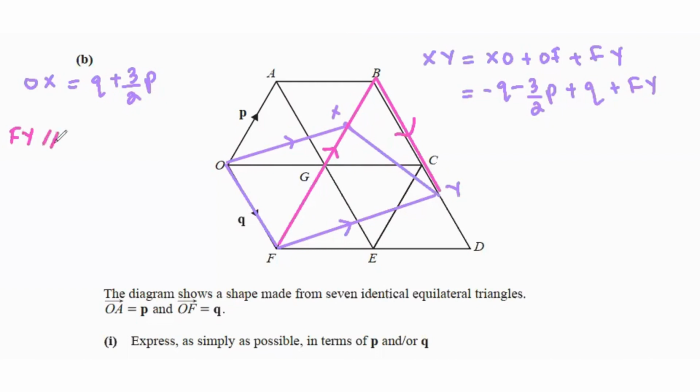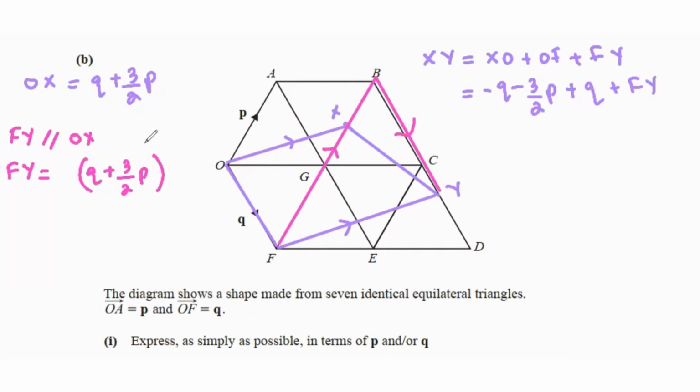You can see that FY is parallel to OX, because in a trapezium there are two parallel sides, and OX and FY are those parallel sides. Now, we don't know the coordinates of FY, but we know that OX is Q plus 3 over 2P. When two sides are parallel, one of them is basically multiplied by a number, especially if they're not the same size.